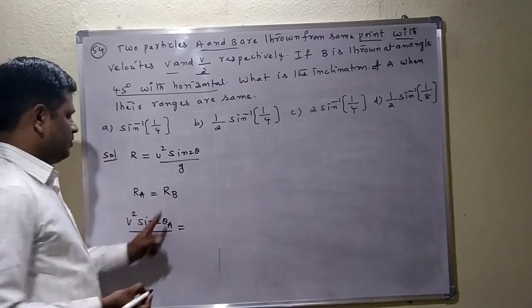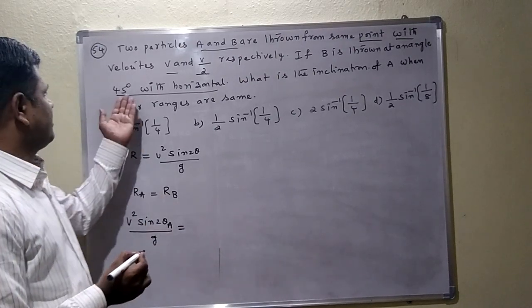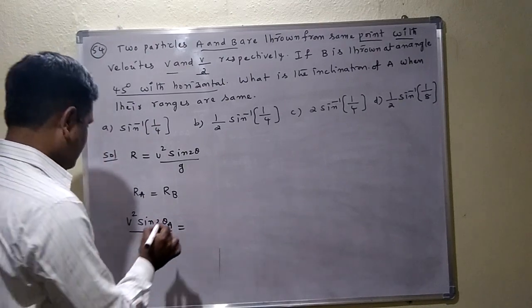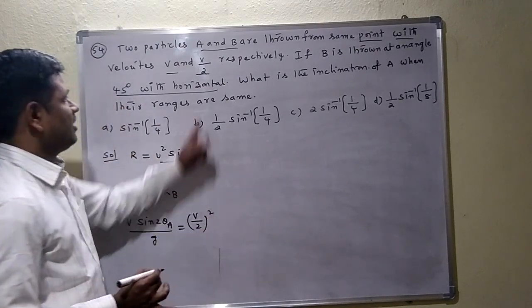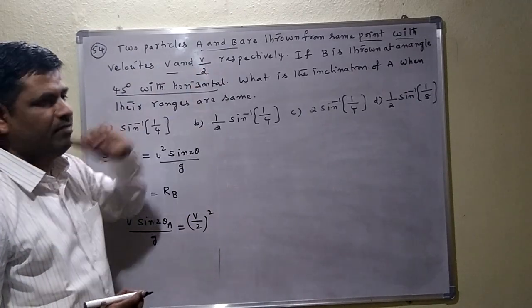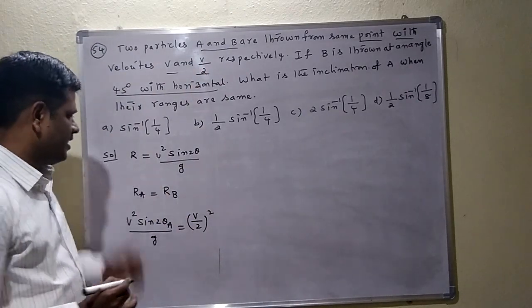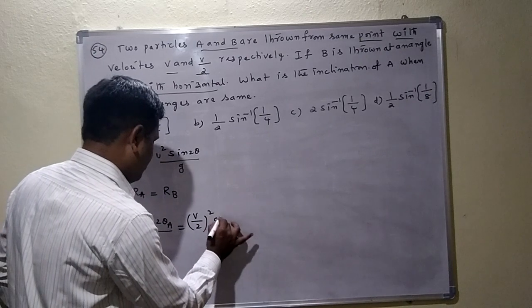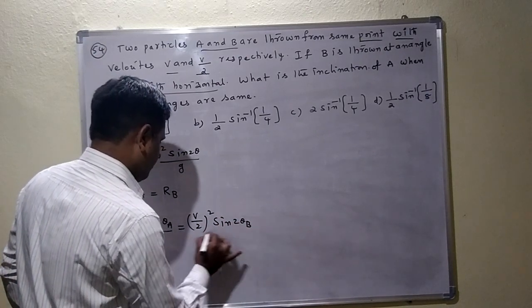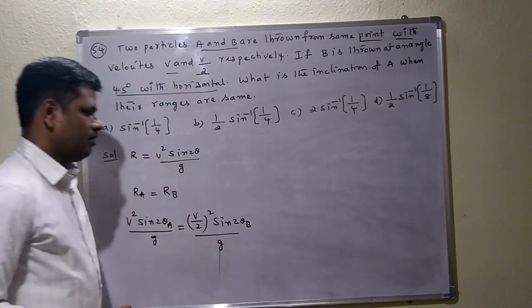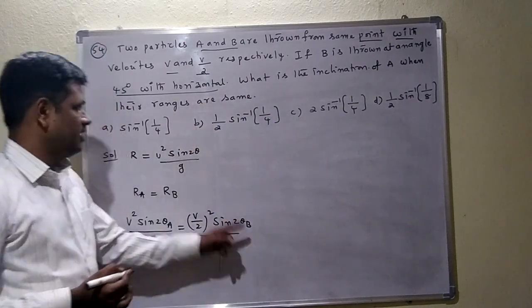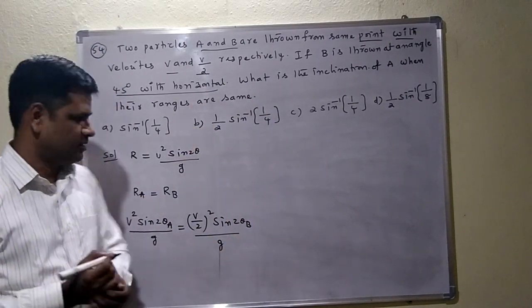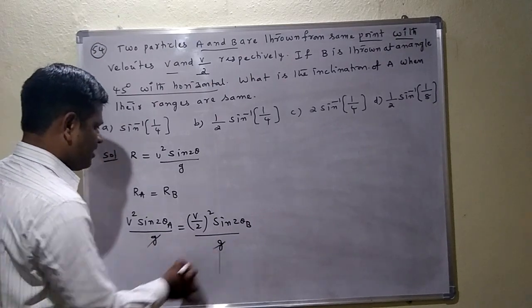Now the angle of inclination of B we know is 45 degrees. B's velocity is V/2, so in place of u I write (V/2)² sin 2θ_B / g. But θ_B, the angle of inclination of B, is given as 45 degrees. So g and g cancel.